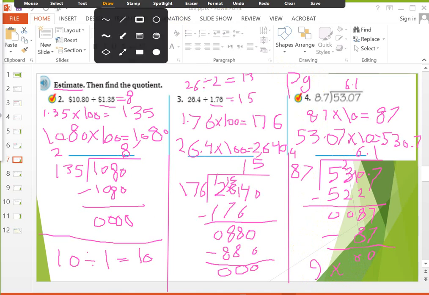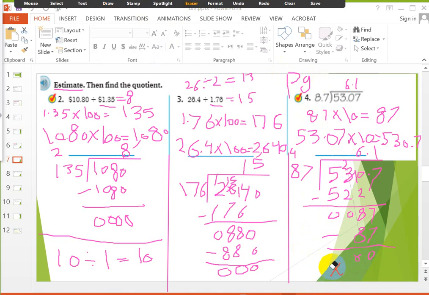The nearest whole for the dividend will be 54, and the nearest whole for this will be 9. If you divide 54 on 9, it will be 6. Okay, this is the estimation. Now let's move to exercise 8, please. I want to solve exercise 8.